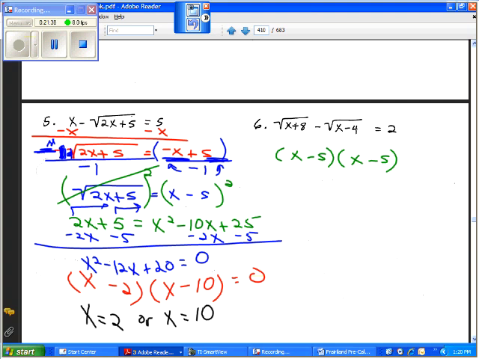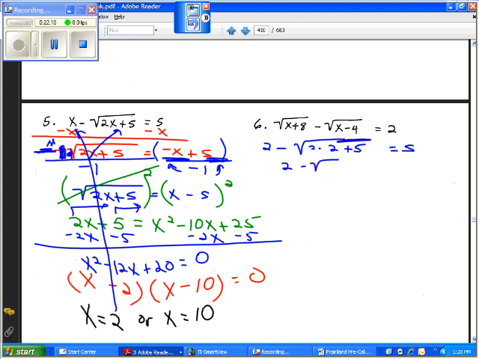I'm not sure why. Okay, so we need to check to see if those work. So we're plugging back into here. So we're going to have 2 minus square root 2 times 2 plus 5 equal 5.